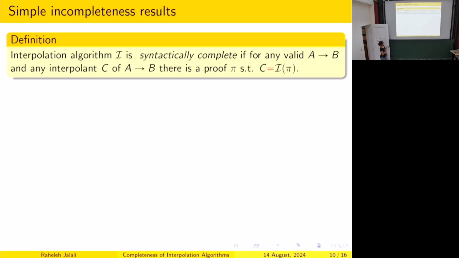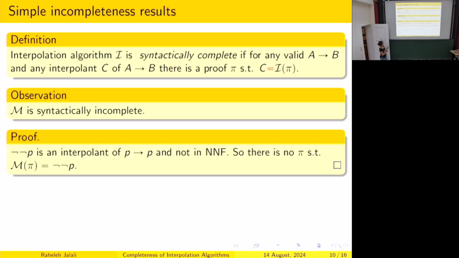I say an interpolation algorithm I is syntactically complete if for any valid formula A implies B and interpolant C, I can find a proof pi such that C is exactly I of pi. So it means they are syntactically equivalent. And our easy observation is that the Maehara interpolation algorithm is not syntactically complete.